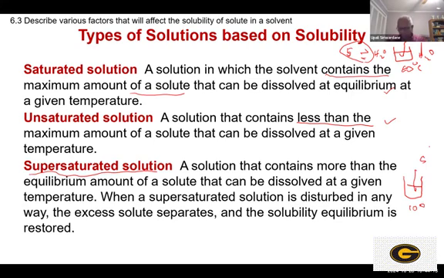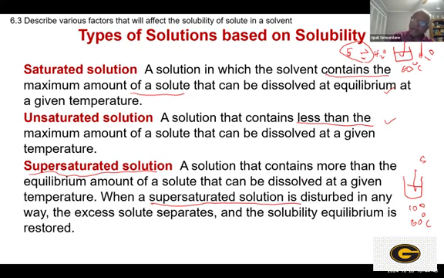But when you cool to 60, all the sugar doesn't come out. When the saturated solution at higher temperature cools down to lower temperature, a supersaturated solution results, in which the excess solute doesn't separate out.